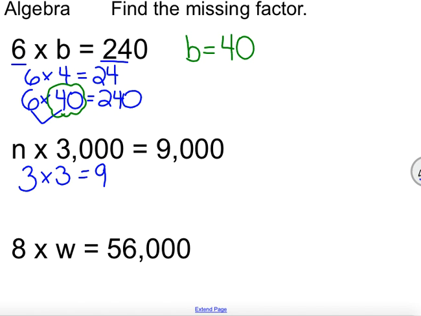So, if n equals 3, I have to go see if that n equals 3. How I check my answer is I replace the n with the number 3.